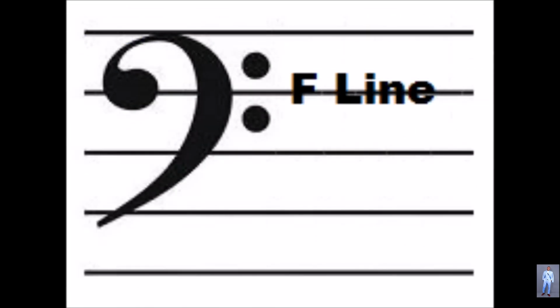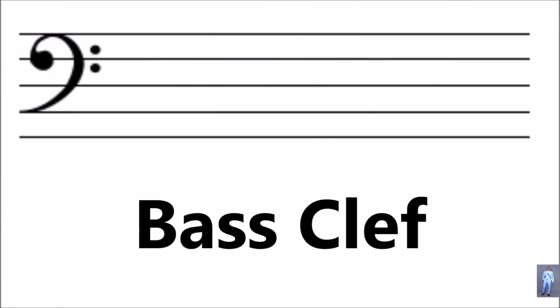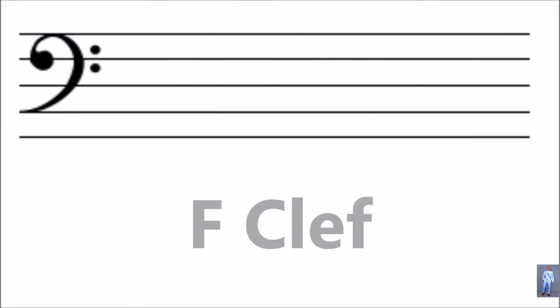Now let's talk about the F clef with an F line labeled. The F clef is also known as the bass clef, or in other words, the bass clef is also known as an F clef.